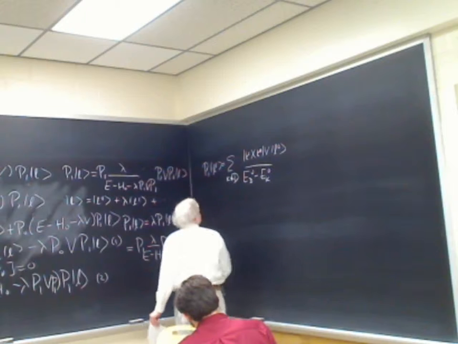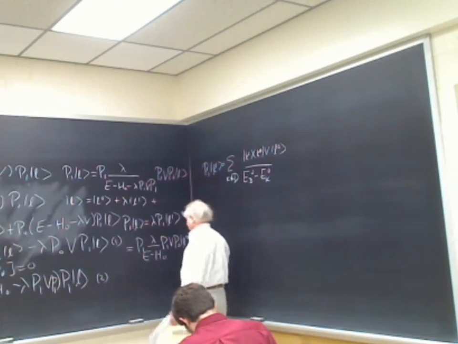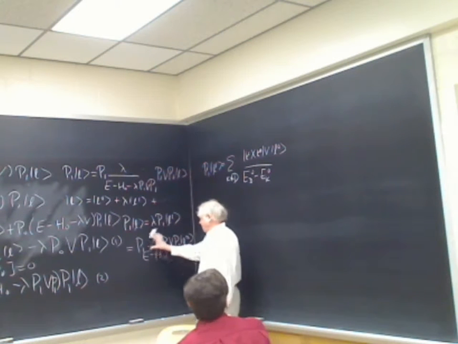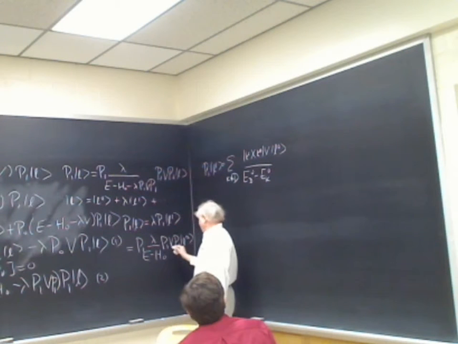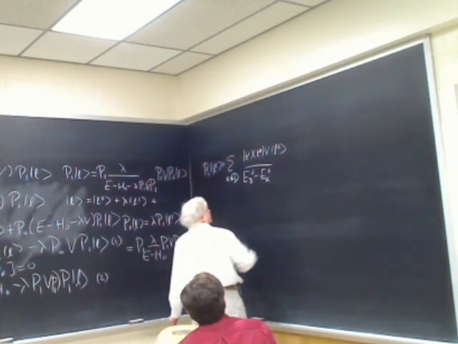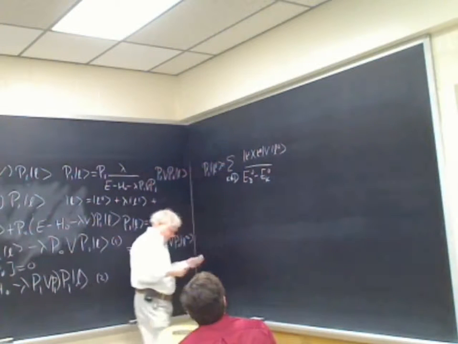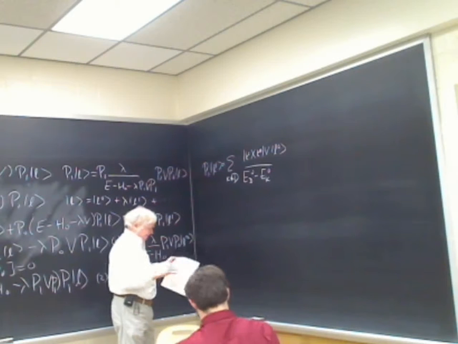In other words, we've inserted here what actually P1 is, and P1 commutes with H0. So once you express P1 as the sum over K0 dyadics, this thing simplifies quite a bit. So that's actually the hard part of the thing.